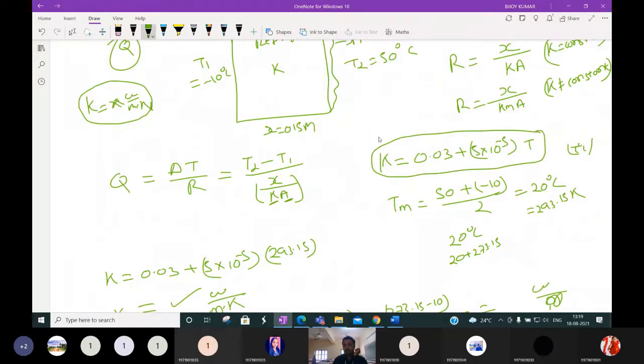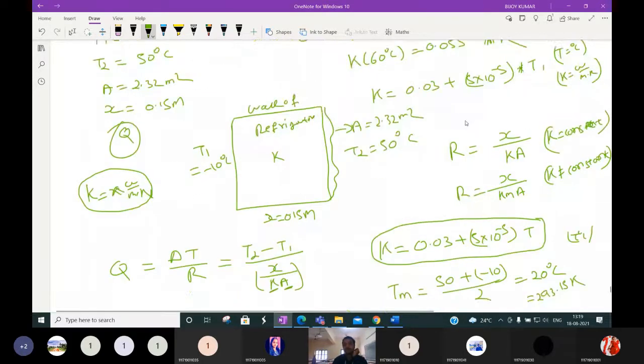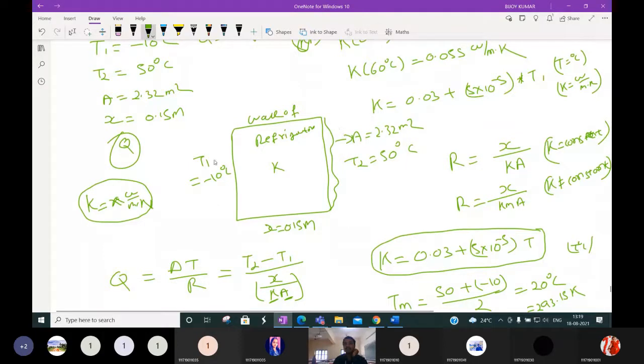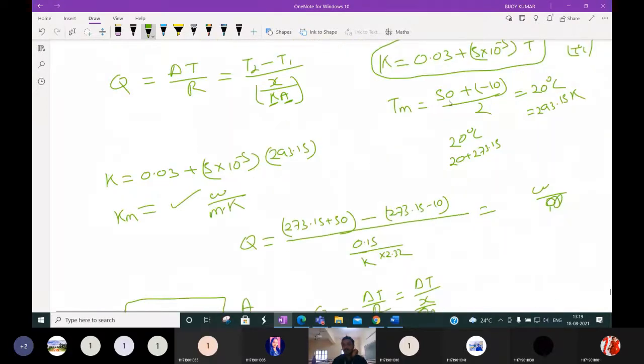So you have to find the K value at a certain temperature. Generally, in this type of problem, when a specific temperature is not given, we take the mean temperature of the surface temperatures. The surface temperatures are minus 10 degrees and 50 degrees centigrade. The mean temperature will be 50 plus minus 10 by 2, which is 20 degrees centigrade, or 293.15 Kelvin.